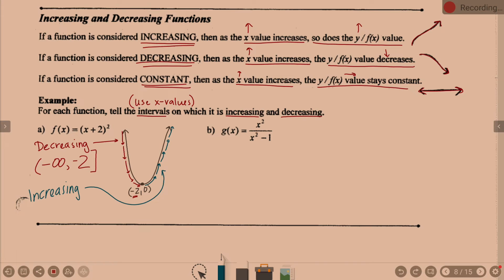At -2, when we stopped decreasing, right? So -2, parenthesis or bracket? Bracket. I would say bracket, again, I could understand if you want to argue parentheses there. I've seen it done both ways. Increasing, increasing, increasing. When do I stop increasing? Infinity. Positive infinity.